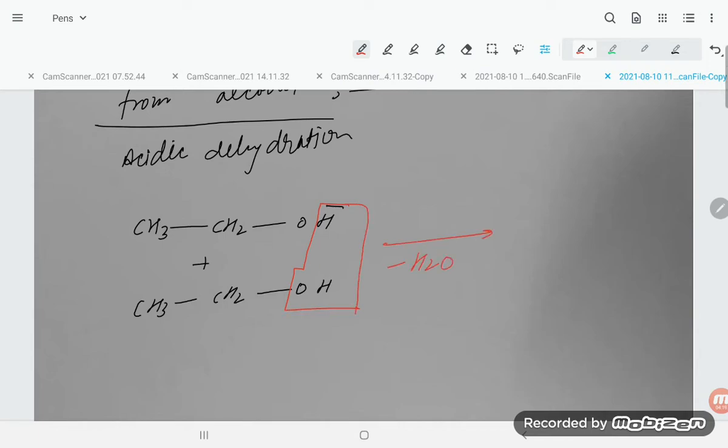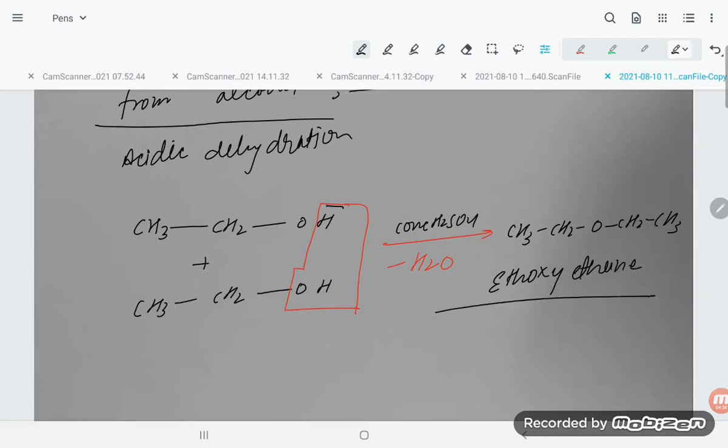Minus H2O will be there, and the product left is CH3CH2OCH2CH3. This is known as ethoxyethane.